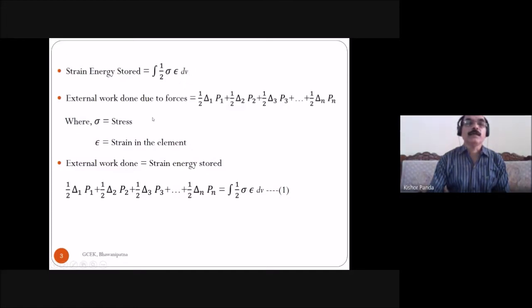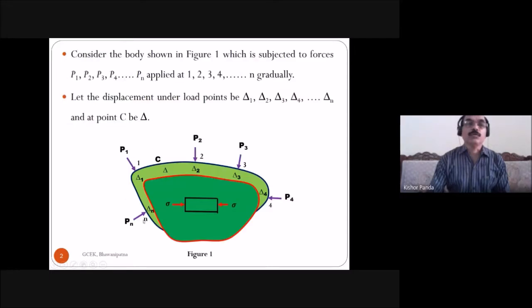Then due to the action of the external applied forces, what is the external work done on the body? This is the force and this is the displacement at point 1, the force and displacement at 2, at 3, at 4, and at n.